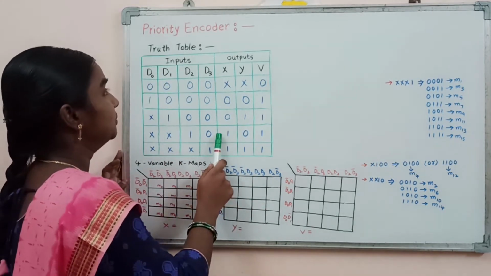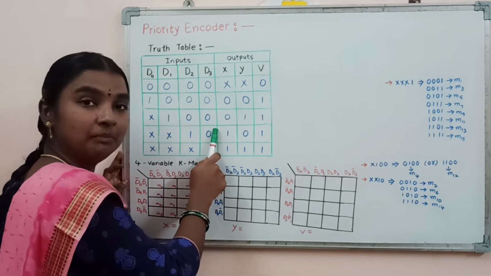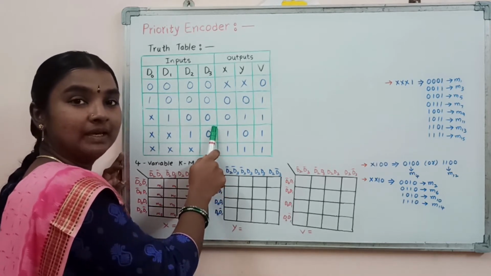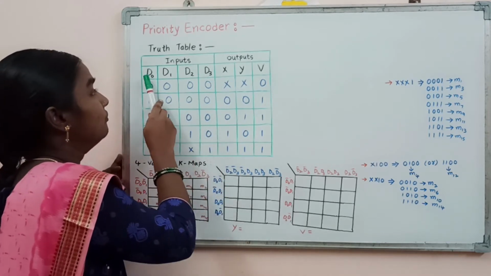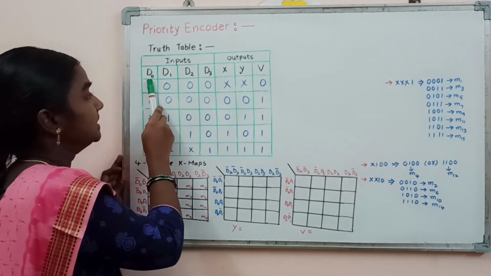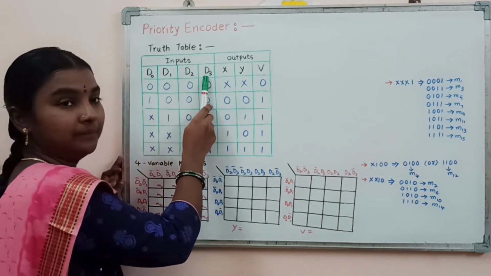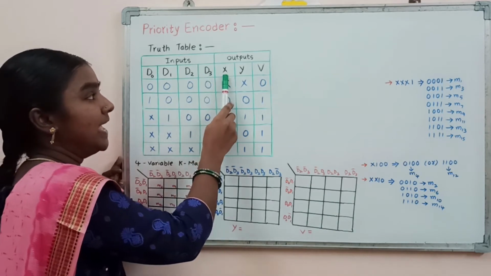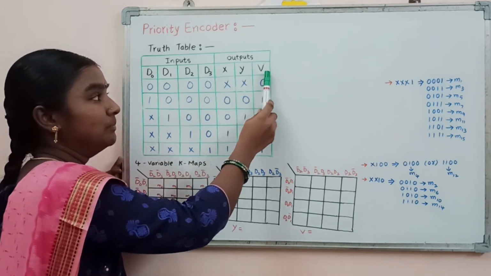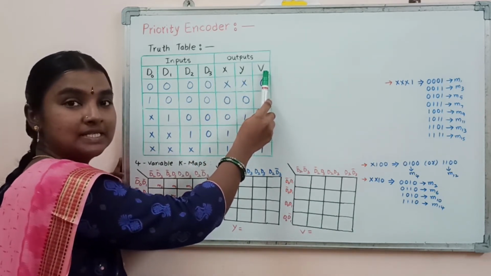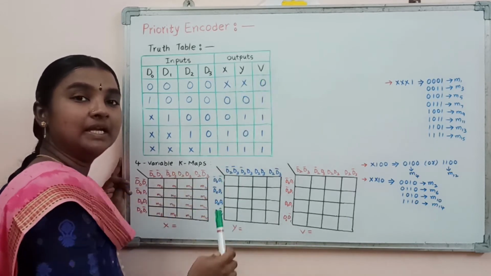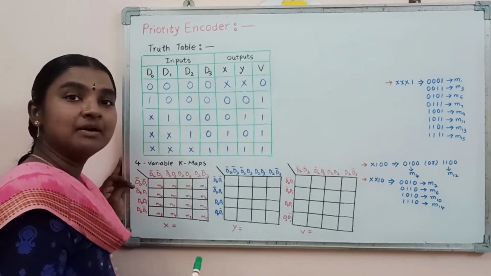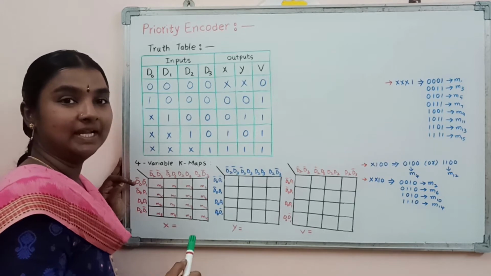Here, this is the truth table regarding the 4-input priority encoder. It consists of 4 inputs D0, D1, D2, D3 and the outputs are X and Y, and one more output, that is V. It is denoted as the valid output indicator.